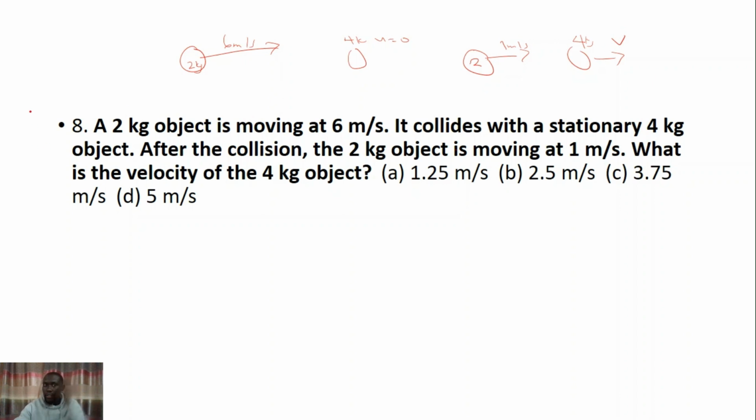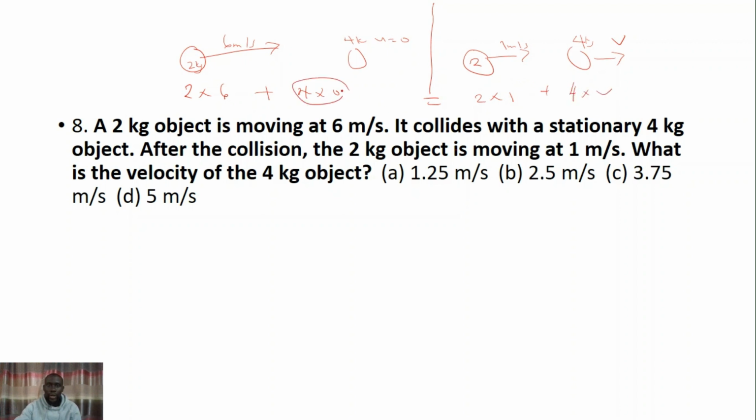In the principle of conservation of momentum, momentum before is equal to momentum after. And the momentum before is 2 times 6 plus 4 times 0, okay, which will be equal to 2 times 1 plus 4 times v.